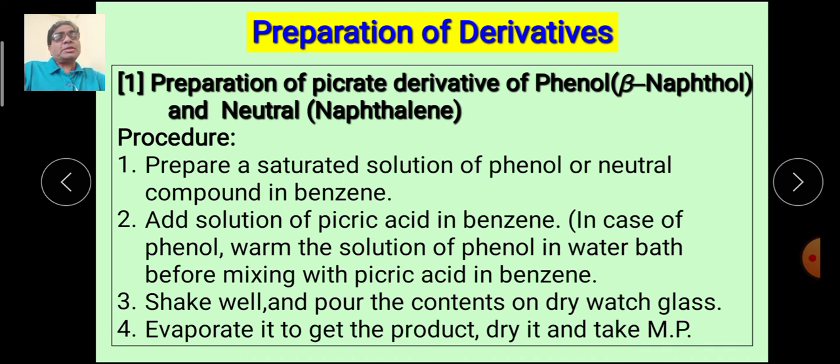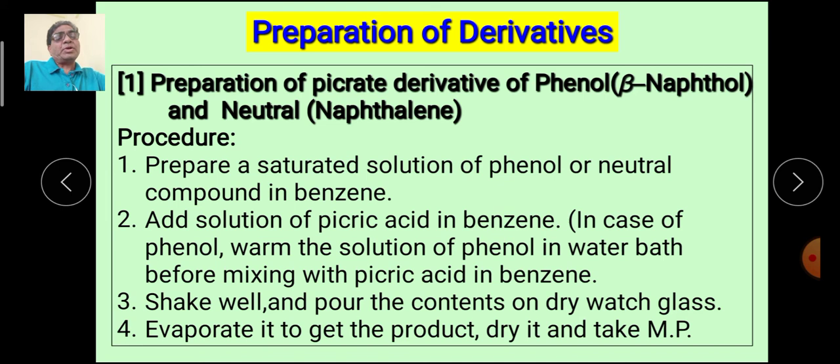The procedure, let us see the procedure. The procedure here is prepare a saturated solution of phenol or neutral compound in benzene. What is a saturated solution? That is a solution in which solid does not dissolve further.